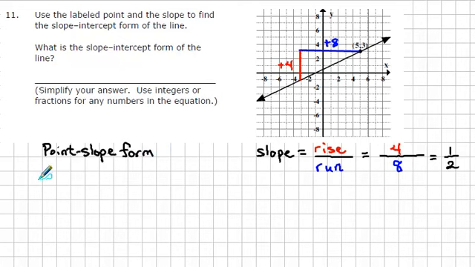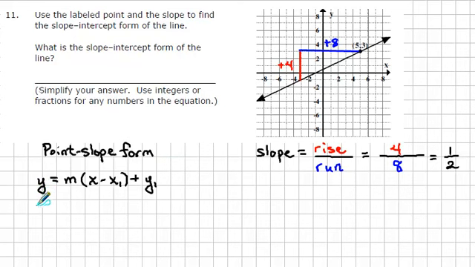The point-slope form of a line is y is equal to m, the slope, times x minus x1, the x-coordinate of a point on the line, plus y1, where y1 is the y-coordinate of the point on the line.